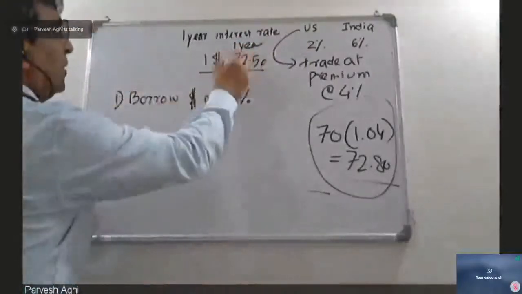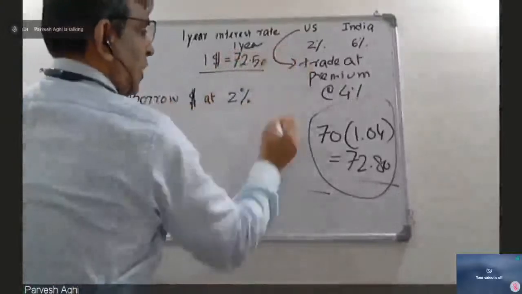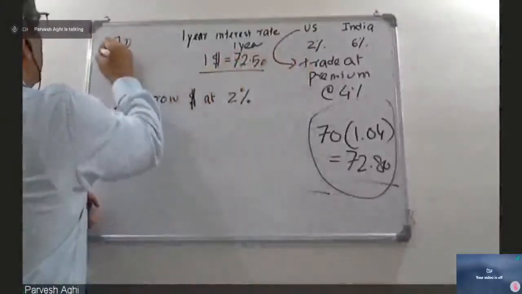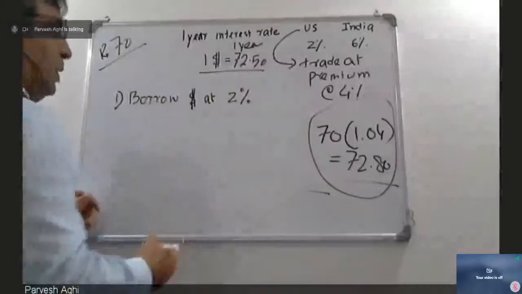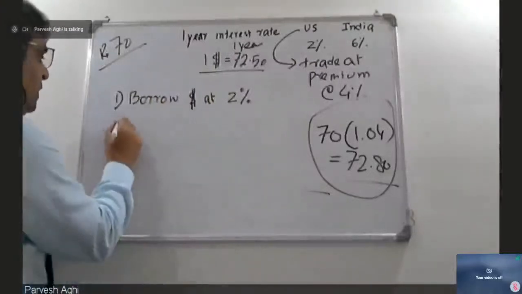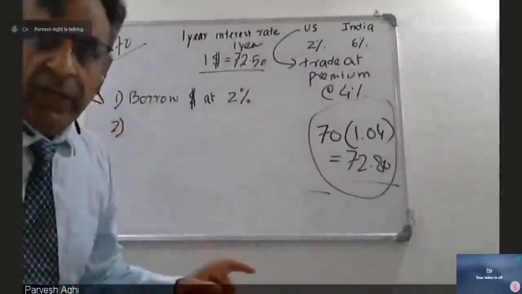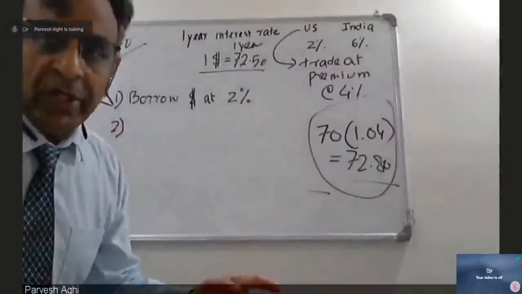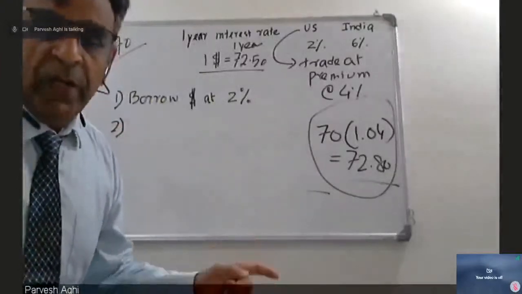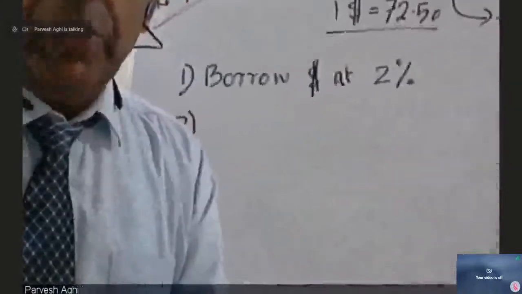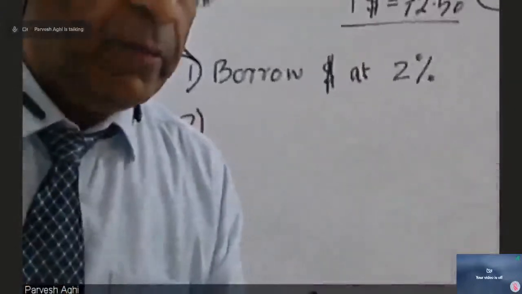Fine. Suppose you borrow, say, $1. The spot rate was 70. Okay, we know that. So you got $1 into India. Then the second thing is that you are going to enter into a forward contract.